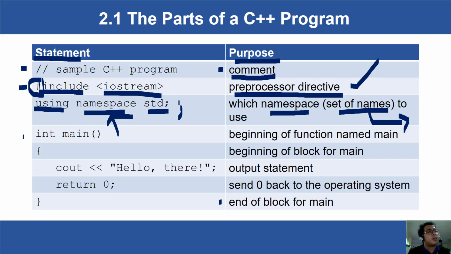Okay, what is the third one? We have the int main and then the open and close parenthesis. Para saan kaya siya? So, ang purpose niya is, this is the beginning of function named main. Okay? Ang tawag natin dyan in short, that is main function. Okay? Ano yung main function? So, ang main function, ito yung portion kung saan nagsisimula yung program.